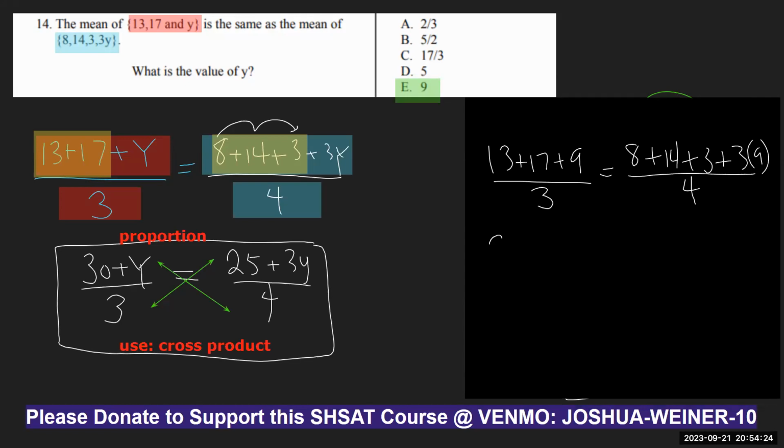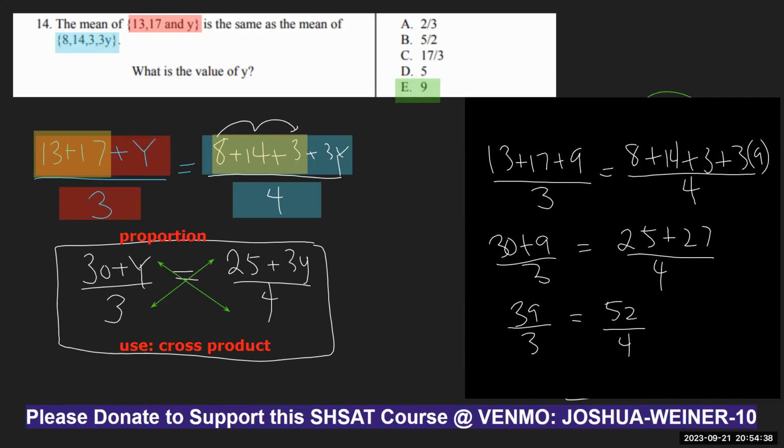We already added these together, so 30 plus 9 over 3 has to be the same as 25 plus 27 over 4. 39 divided by 3 is the same as 13. 52 divided by 4 is, well, they're both even, so that's 26 over 2, which is the same as 13 over 1.